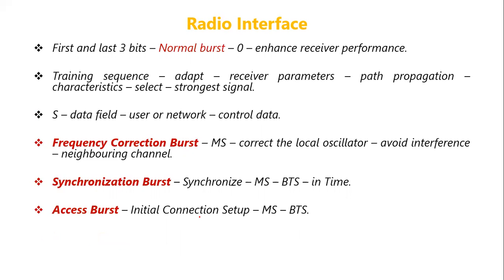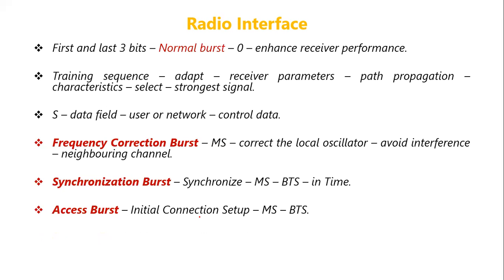The frequency correction burst helps the MS to tune itself to the local oscillator, the synchronization burst helps the MS to synchronize with the BTS, the access burst is for initial connection setup, and the dummy burst is used if no data is available for a particular slot.